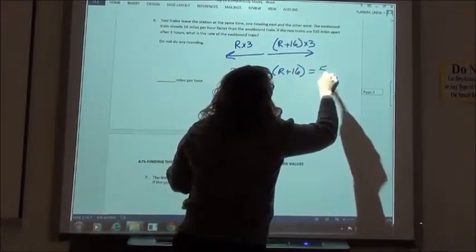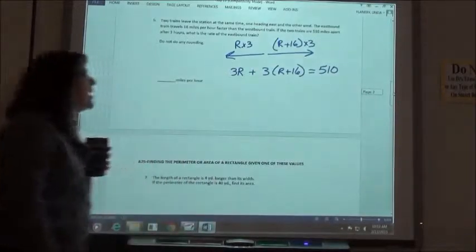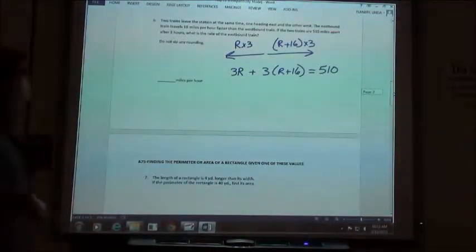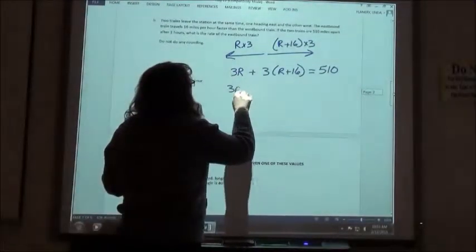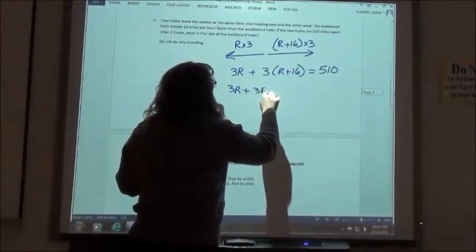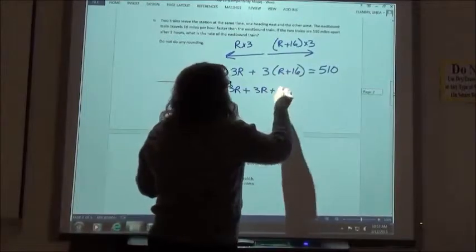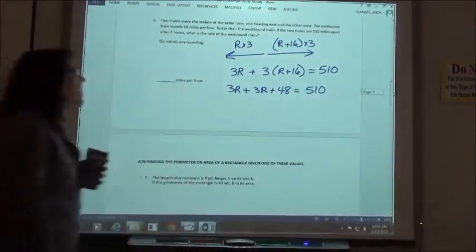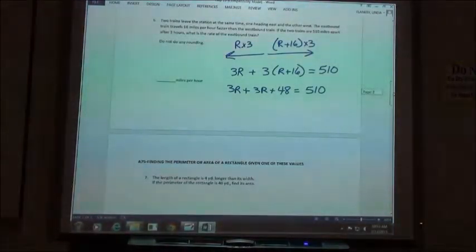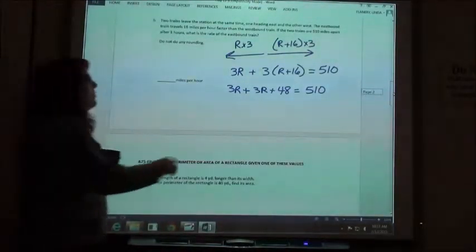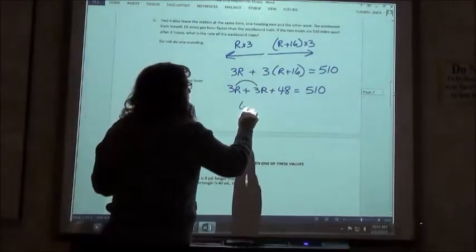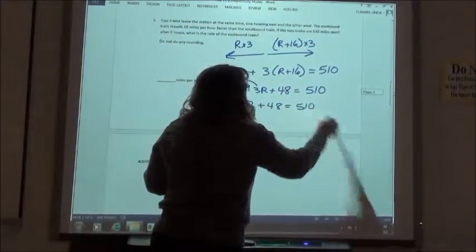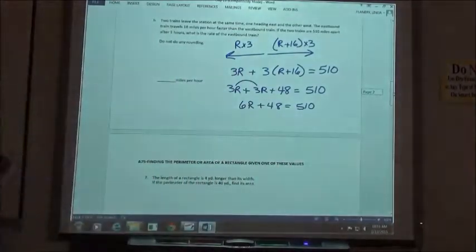I know the total distance, 510 miles apart. Now I have an equation I can solve. So 3R plus 3R plus 3 times 16, 48, equals my 510. Combining my like terms, 3R plus 3R is 6R plus 48 equals my 510.